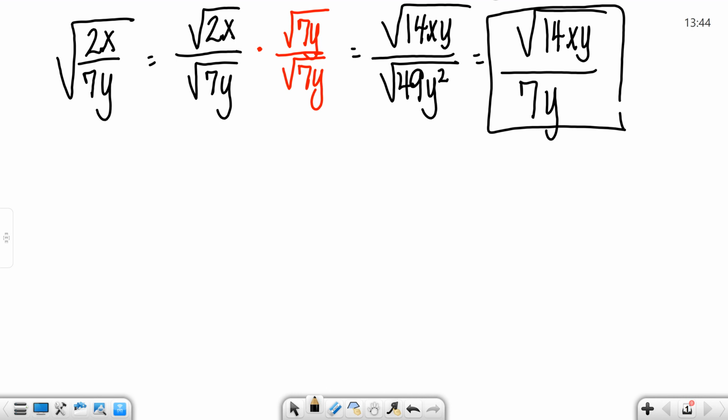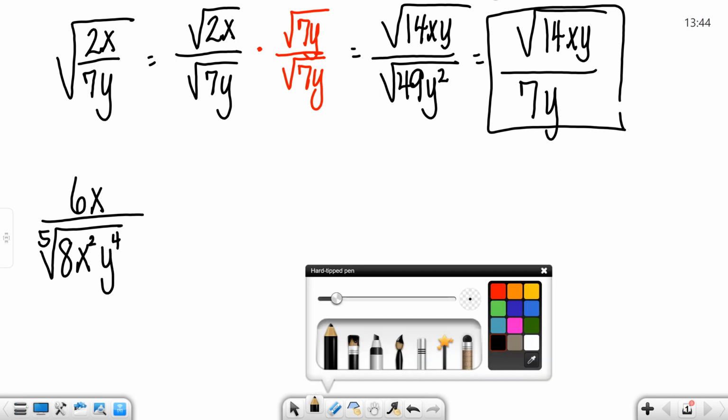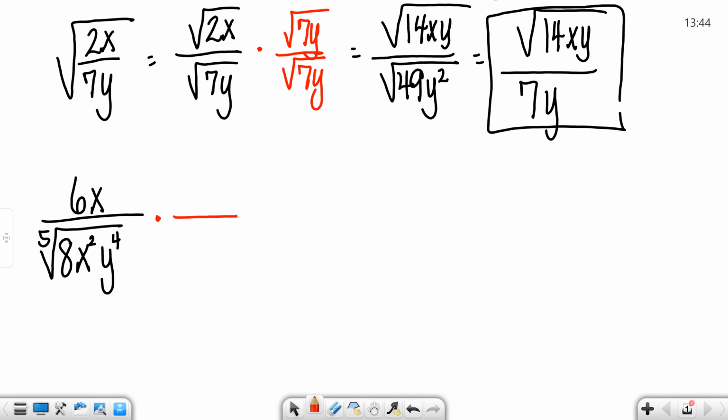All right, let's do another one that is not a square root. Now we are going to multiply by something, but here's my goal. I want to get the fifth root of something I can take the fifth root of. All right?